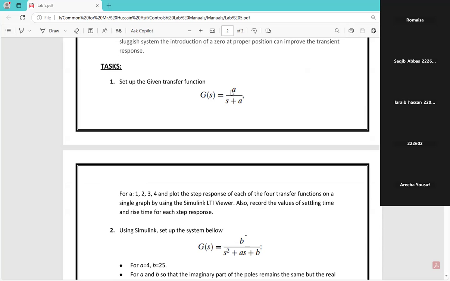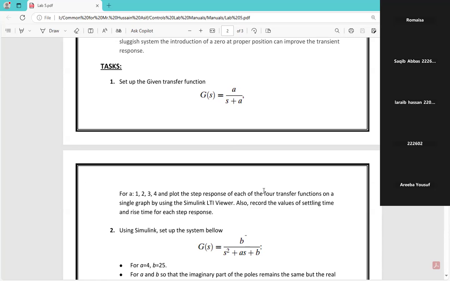You're going to use the same num transfer function command. A is equal to tf, the numerator is 1, the denominator is 1 space 1. In the case of 2 divided by s plus 2, your numerator is 2 and the denominator bracket would be 1 space 2. Similarly, in the case of 4 divided by s plus 4, the numerator would be 4 and the denominator would be 1 space 4.